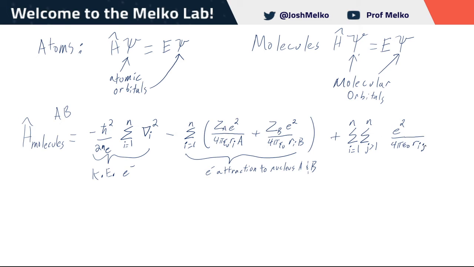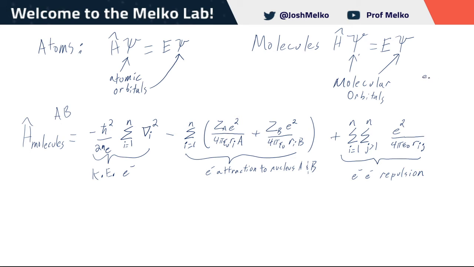Okay, so this is now sort of a double summation, and what this is meant to represent is electron-electron repulsion. Now, if there's only two electrons in the entire molecule, there's just one of these terms. Electron 1 and electron 2. I is 1, J is 2. That's it. There's one term, one repulsion.